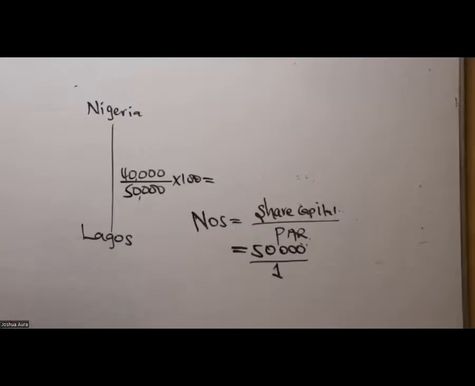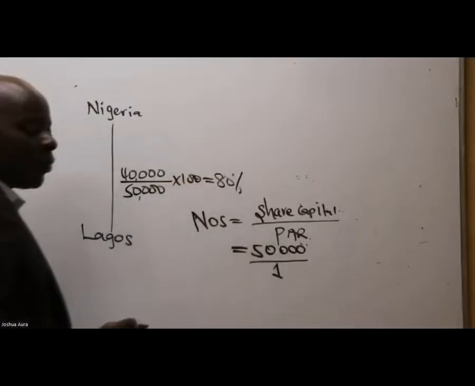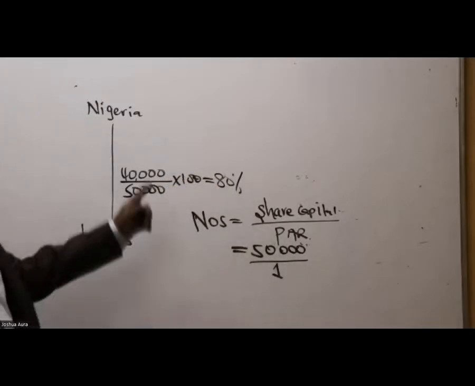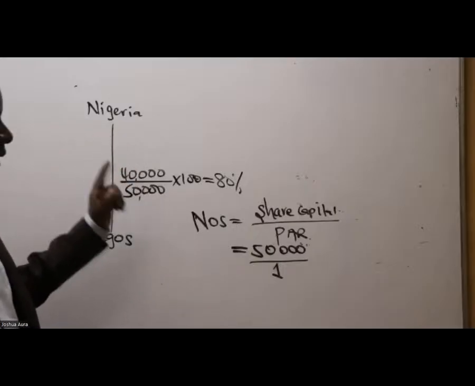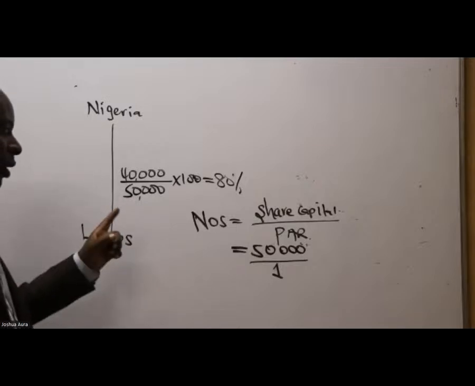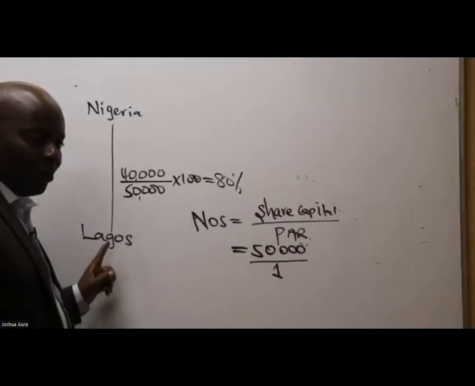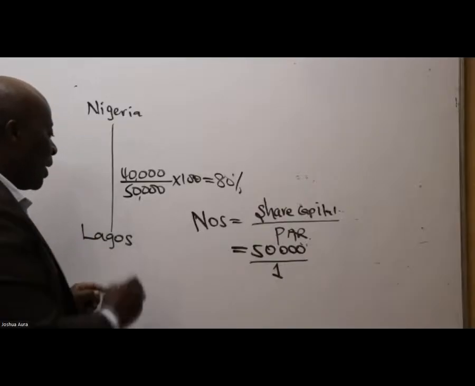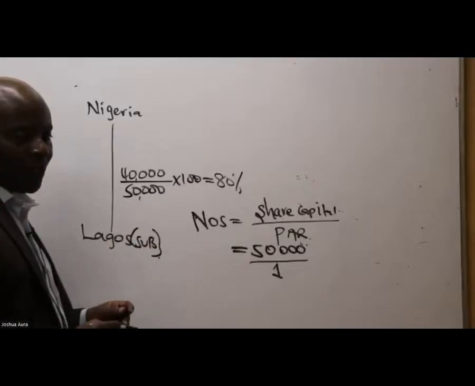Nimrod is telling me 80%. Don't you think 80% is way too high? It is too high. Automatically, that means control. It means that Nigeria is controlling Lagos, so Lagos automatically becomes our subsidiary.